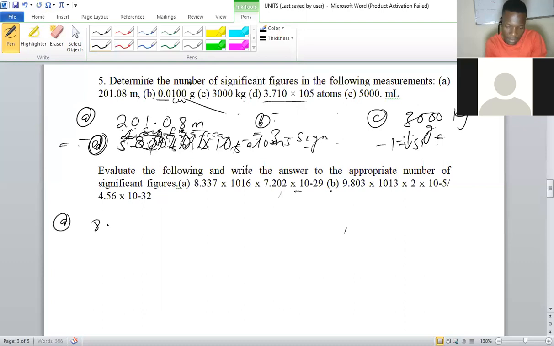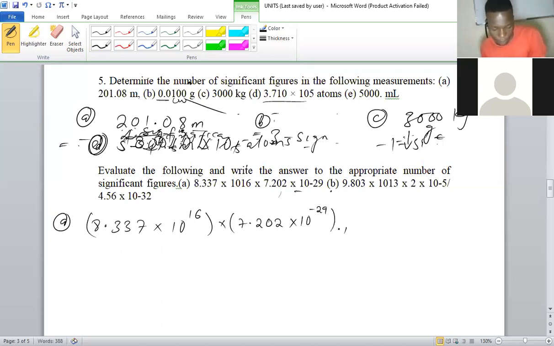What A says is we have 8.337 times 10 to the power 16, and then we are multiplying with 7.202 times 10 to the power negative 29. So you do the normal multiplication, and here what you just consider is the number of significant figures.